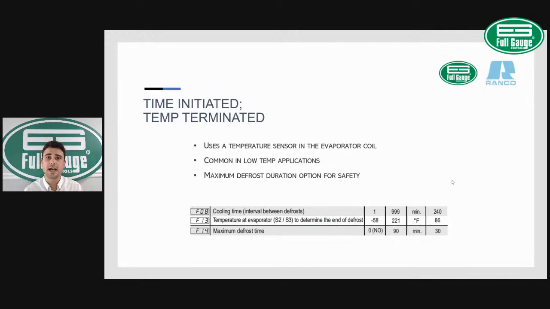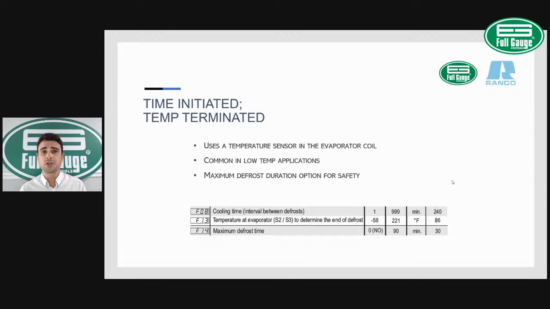Your defrost cycle initiates based on a time. So 4, 6, 8 hours, whatever you set on your cooling time, that's going to be your defrost frequency. The temperature termination will always try to terminate the defrost based on the coil temperature, set at the evaporator to determine the end of defrost.